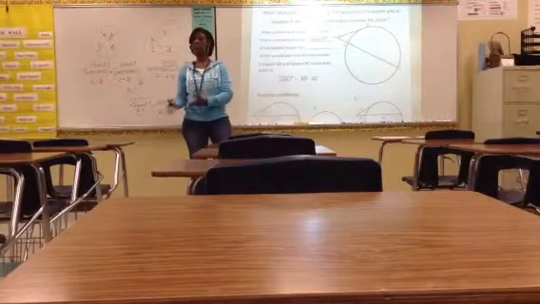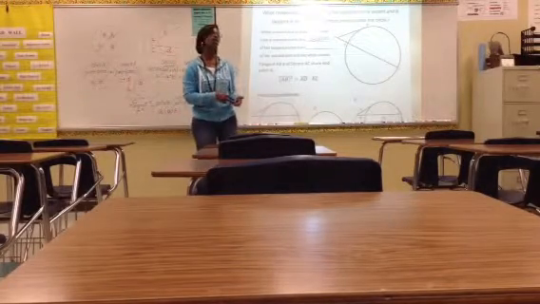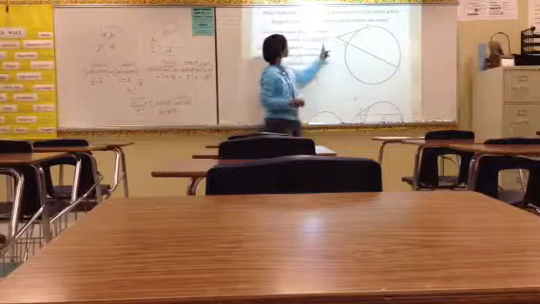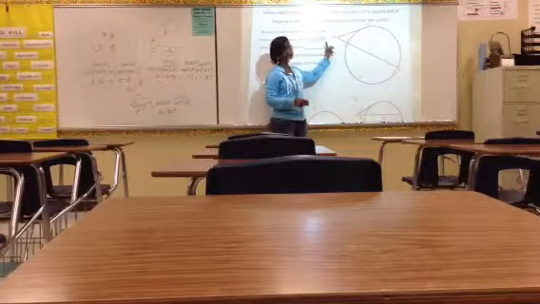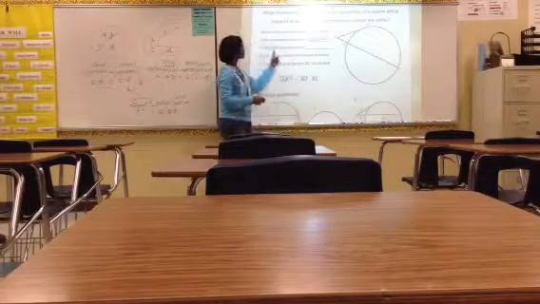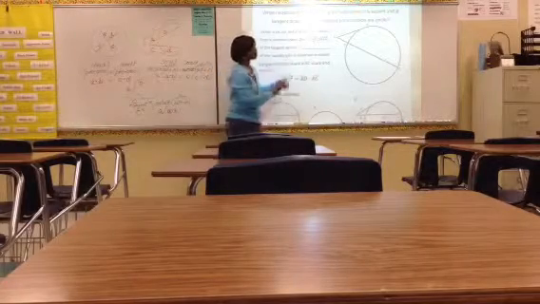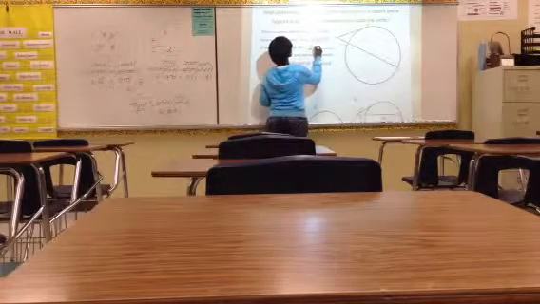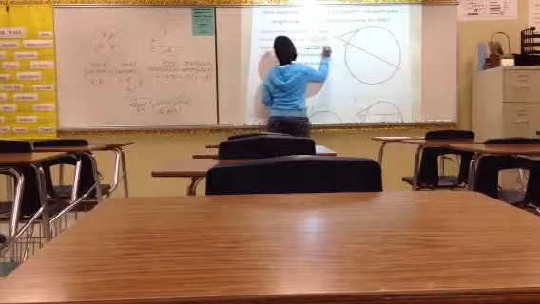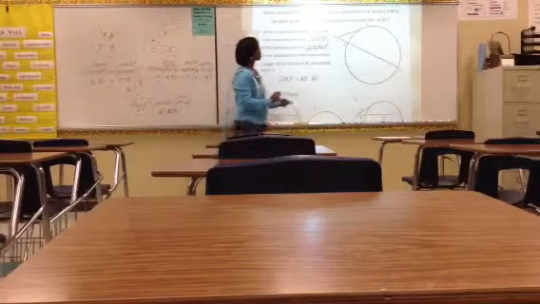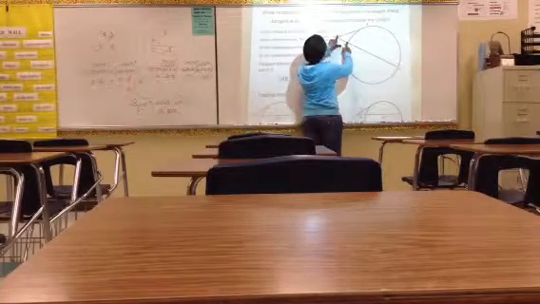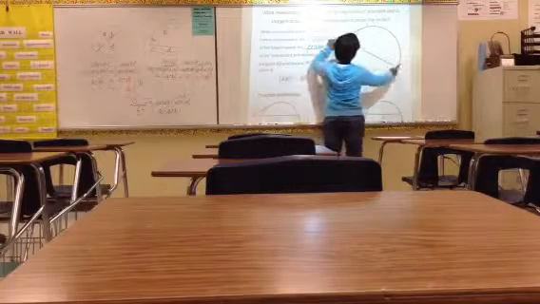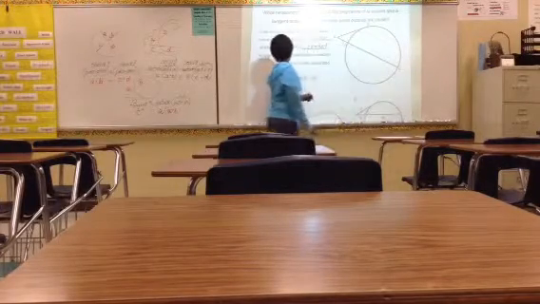You take that measure and multiply it times itself. And when you multiply a number times itself, you are squaring that number, okay? So the square of the tangent equals the product of the, and once again for the secant segment, outside part, and the whole secant.